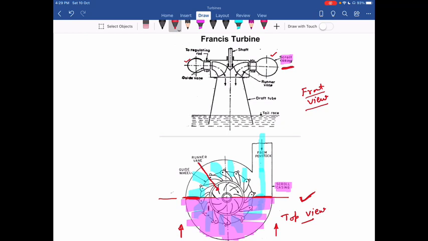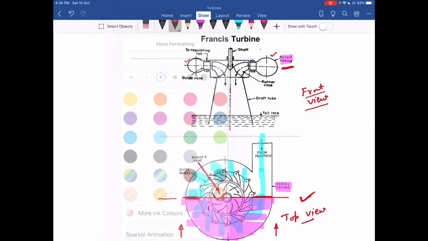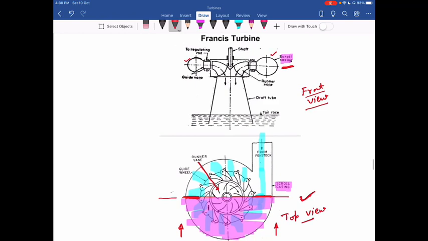So this one is the casing on both sides. So then in between, I see I have a row of these guide blades. So that is again on both sides. So these are also the guide blades.